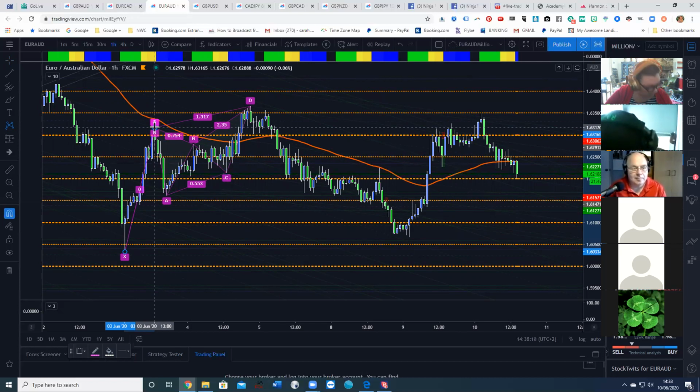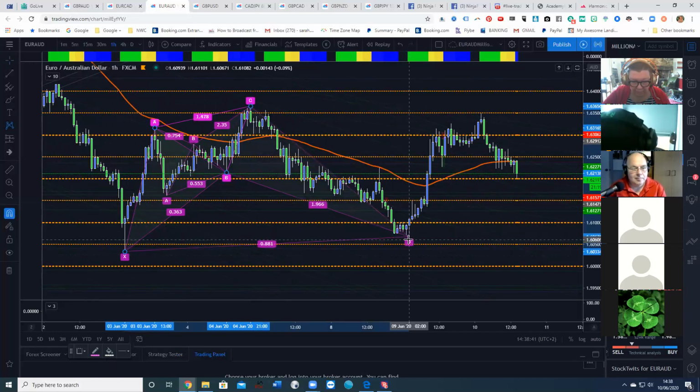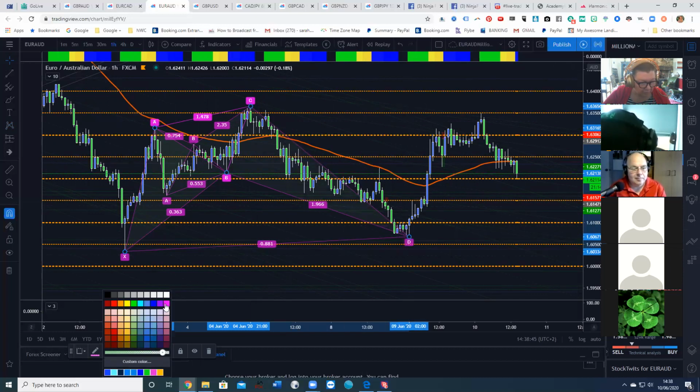So that's really good. 4th of June at 1300. That's that one. So it's picking up the old scan. 4th of June at 21. Is that there? And 9th of June there. So that's good. I'll put it in pink.